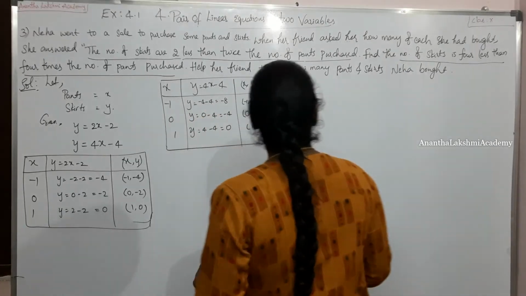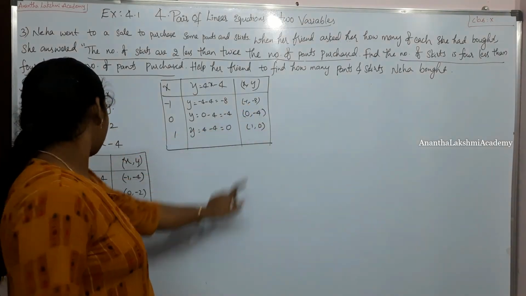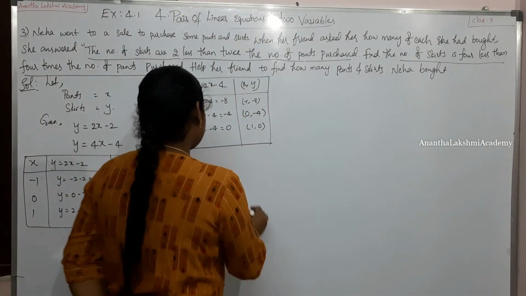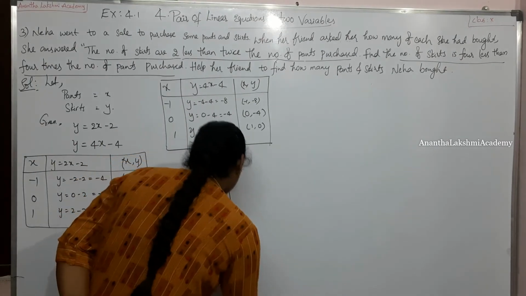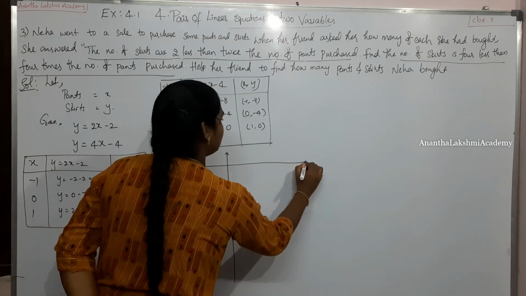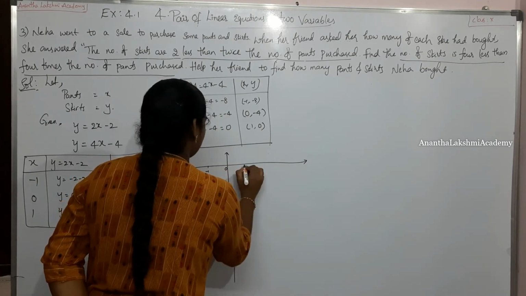Alright, so let me draw the graph. If you observe, from 0 this is going to minus 8, and from 0 this is going to minus 4, so the negative y-axis needs to be more. If you are plotting a graph on graph sheet, it is well and good. Since I am doing it on the whiteboard, I am just taking it like this, minus 1 and 1.